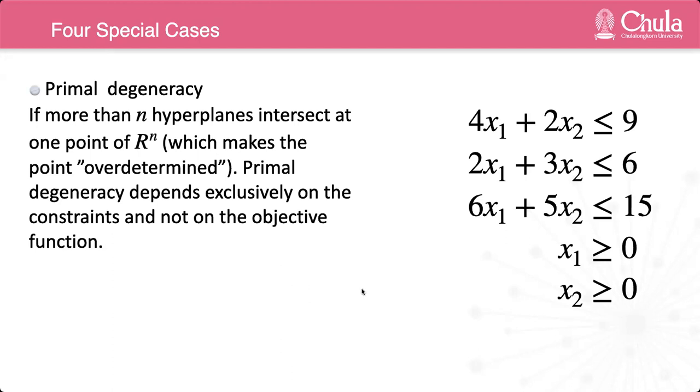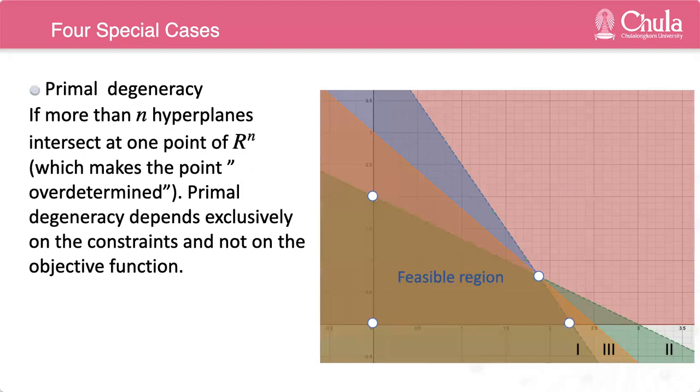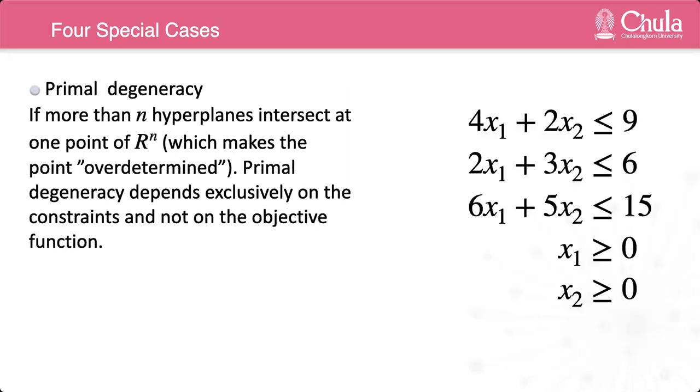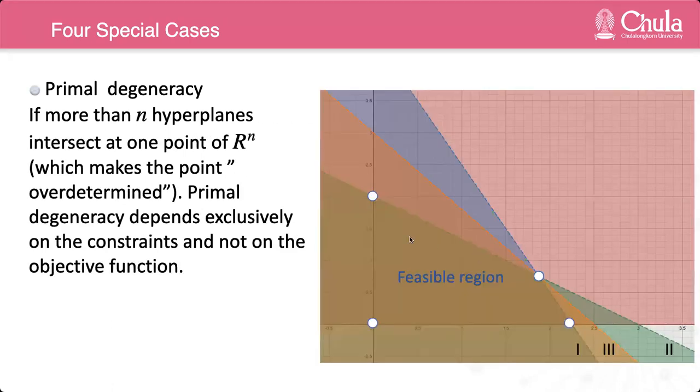For example, look at this constraint set. I draw that constraint set in the graph. Those first three constraints, 1, 2, 3, define the feasible region down here.